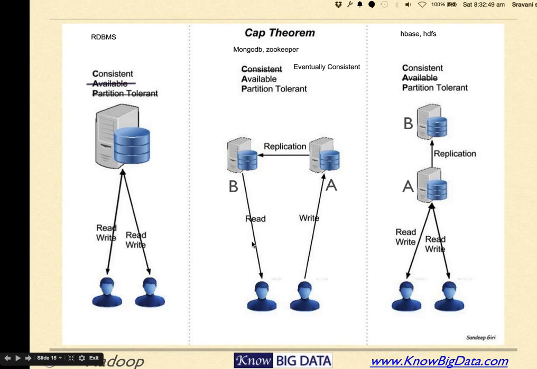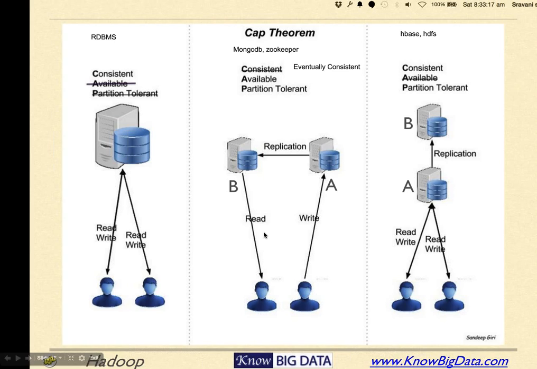If A goes down, then B takes the place. Correct. Thank you, Webhub. So the third model is where we saw it in HDFS, where we had the primary and secondary. Primary will keep on serving the users and secondary will be a standby. Awesome. All right.